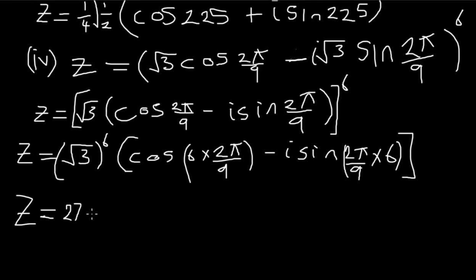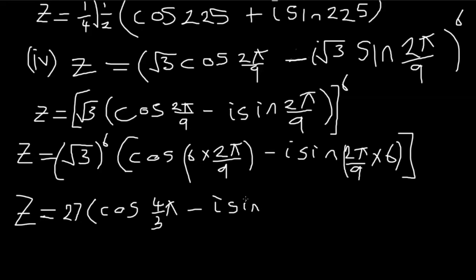Oh sorry, 27. Then you open the brackets and write cos, and 6 times this gives you 12 over 9. When reduced, it gives you 4 over 3 pi, then minus i sine.